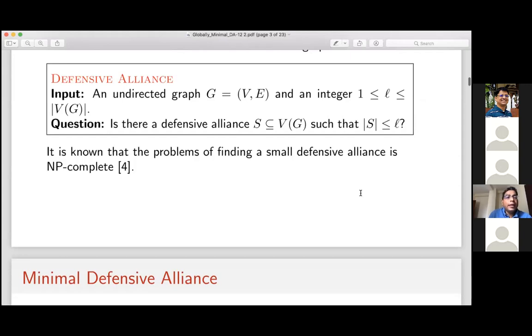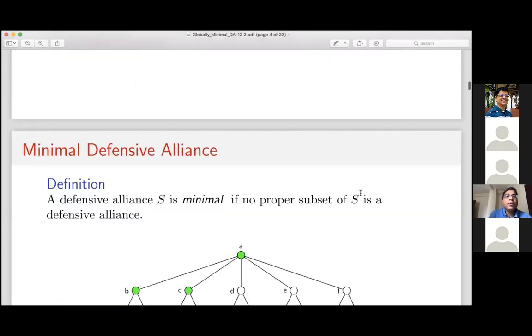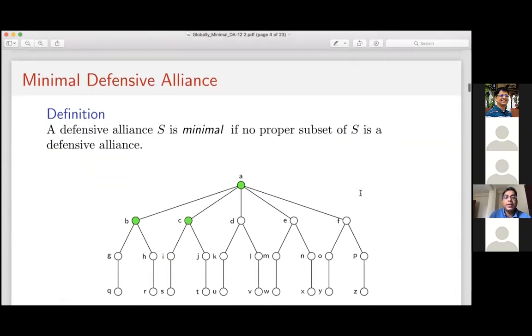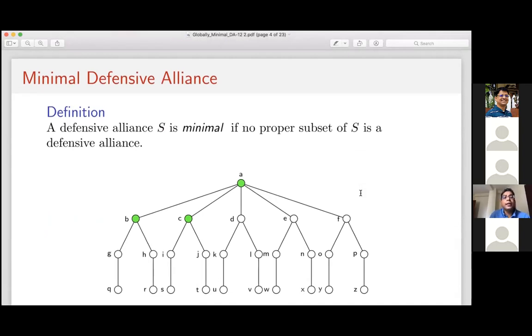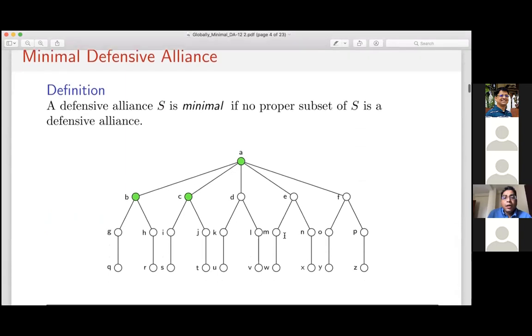Okay, so what we do here today is that we'll consider minimal defensive alliance. So a defensive alliance S is minimal if no proper subset of S is a defensive alliance. Okay, and we look for the maximum defensive alliance because we always look for a bigger sized defensive alliance.